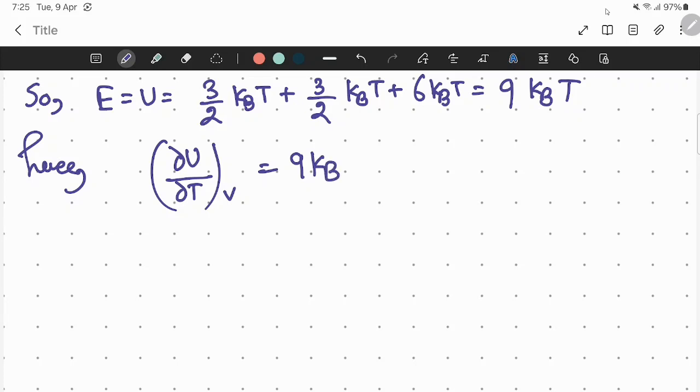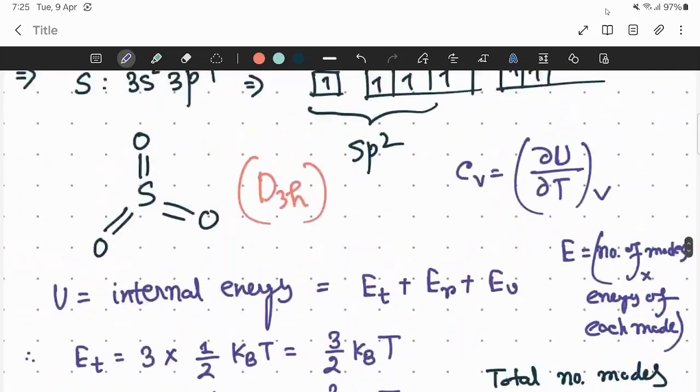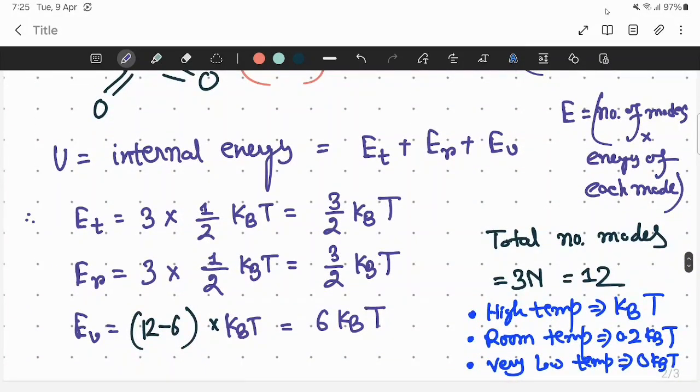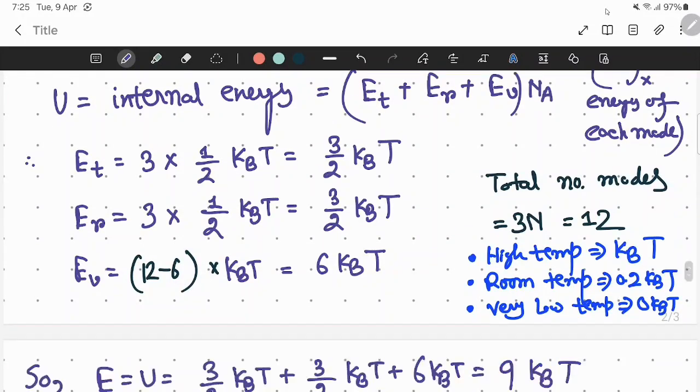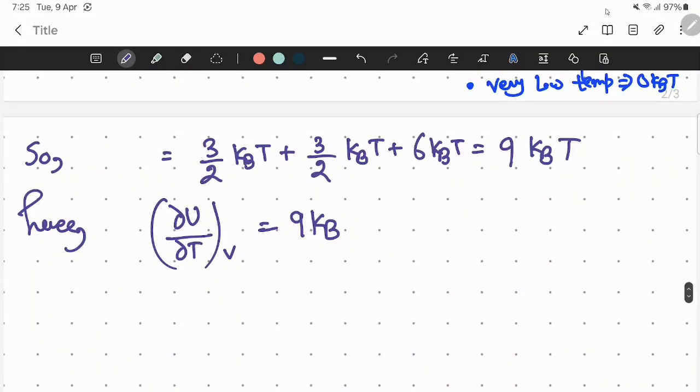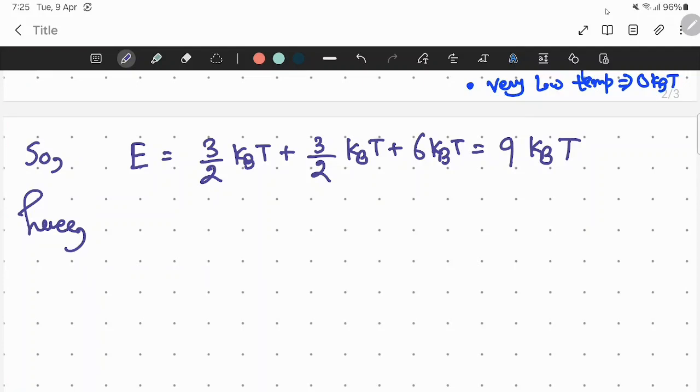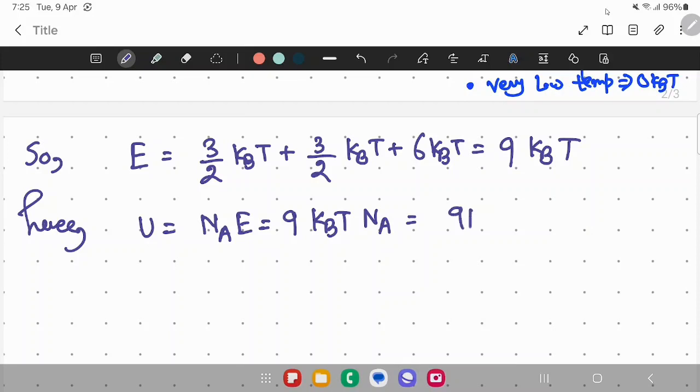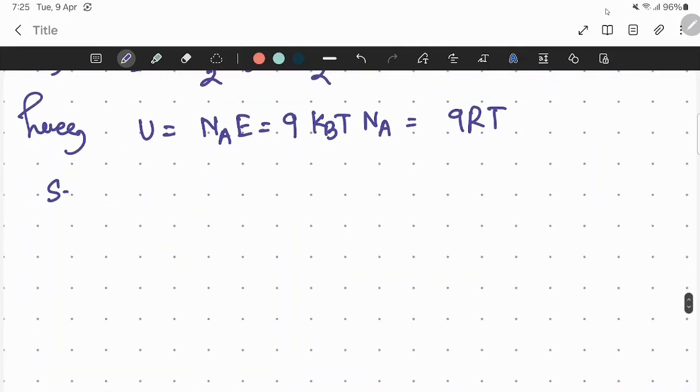So it's better to write U, the internal energy, in terms of Na. This is the energy for one molecule, and U will be the energy for Na, the Avogadro number, of molecules, that will be 9 kBT Na. Now we know kB into Na is R, so 9 RT. So it is direct that Cv will be del U del T, which is 9R.